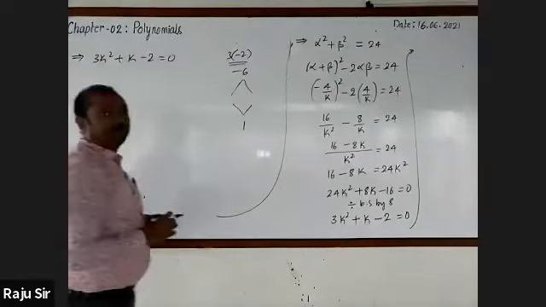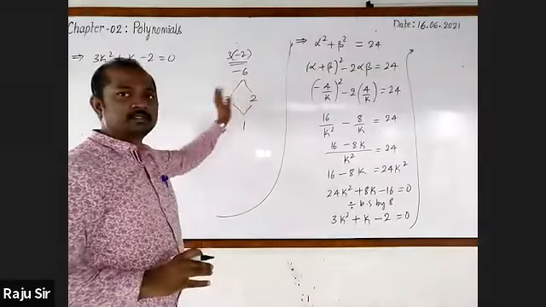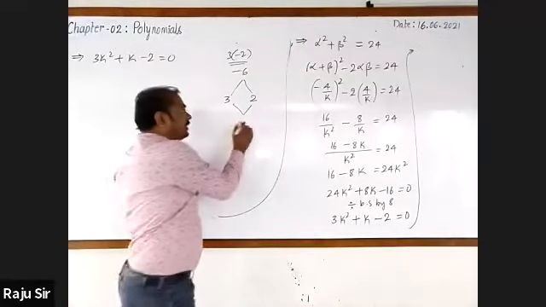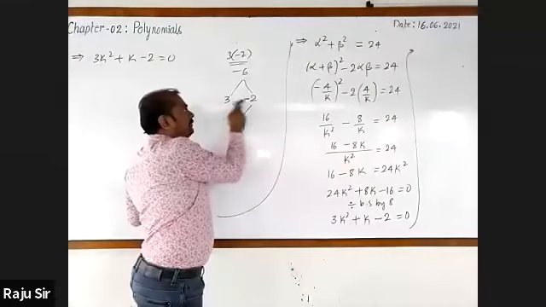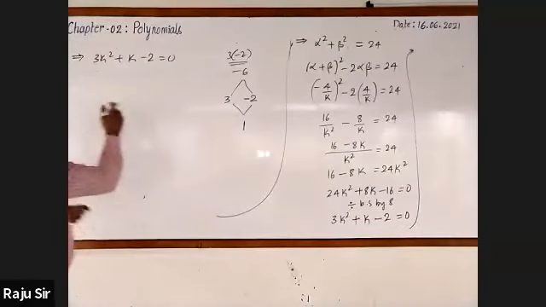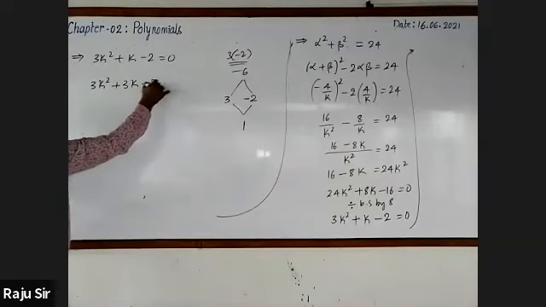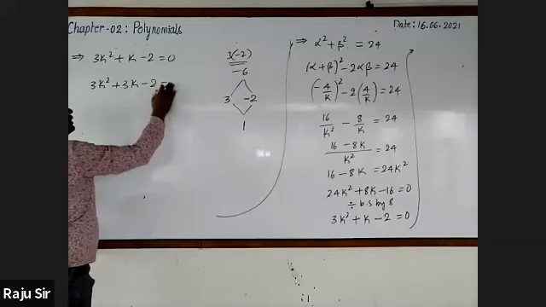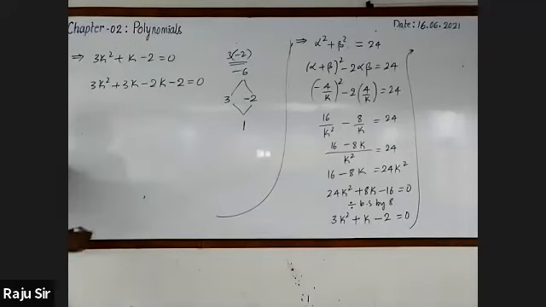Then how can we go for taking? It is 3 and 2, sir. 3 and minus 2. 3 minus 2 is plus 1, 3 into minus 2 is minus 6. Now it is 3k square plus 3k minus 2k, then constant minus 2, equal to 0.